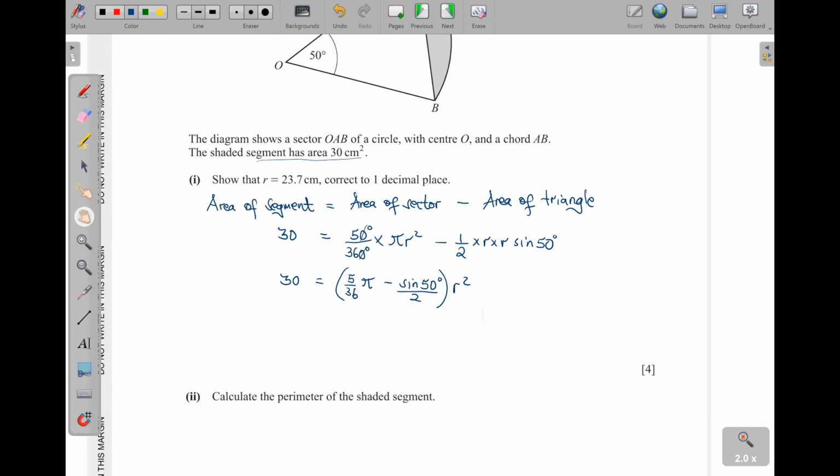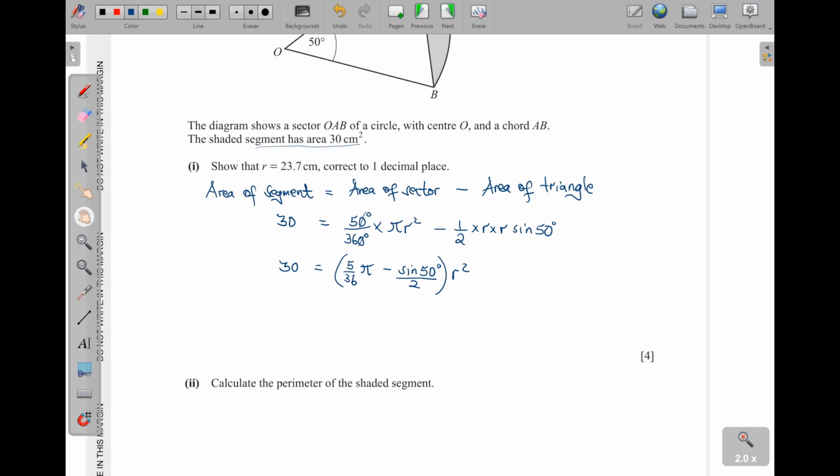So making r squared the subject of the formula, we divide 30 through by 5 over 36 of pi, then minus sine of 50 over 2. Then after that, we can take the square root, and that will give us the r.